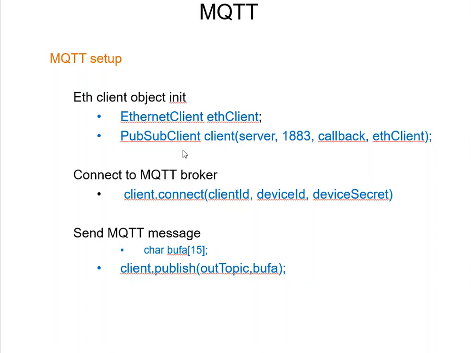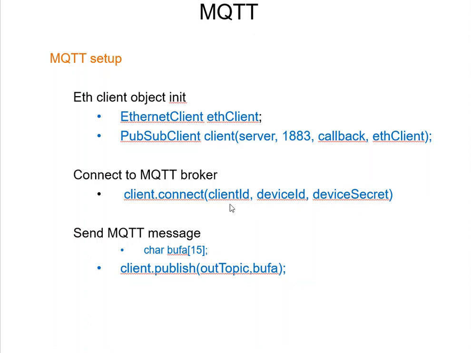And when we have those objects available, instantiated from the libraries, then there is one function, connect, that will connect our Arduino to the MQTT broker. After that, the connection is available for the timeout period. For the connection, we give some ID information: client ID, device ID, and device secret.